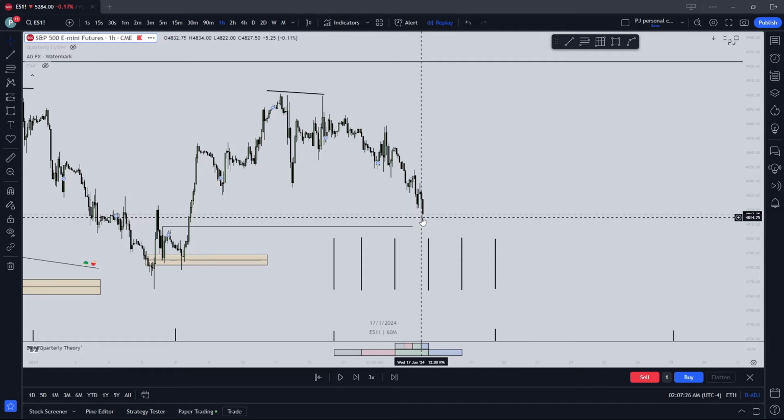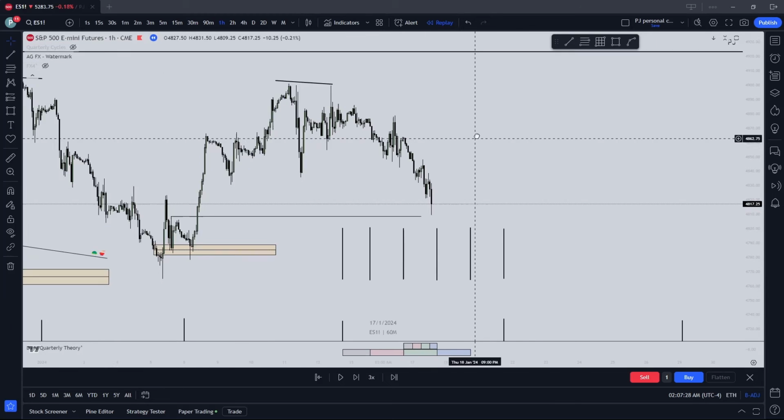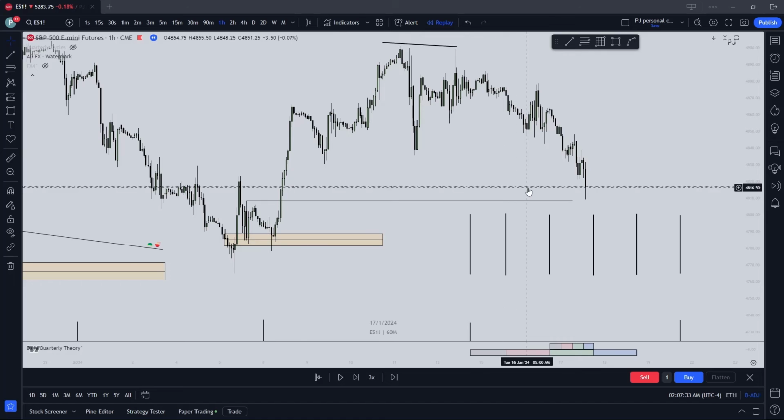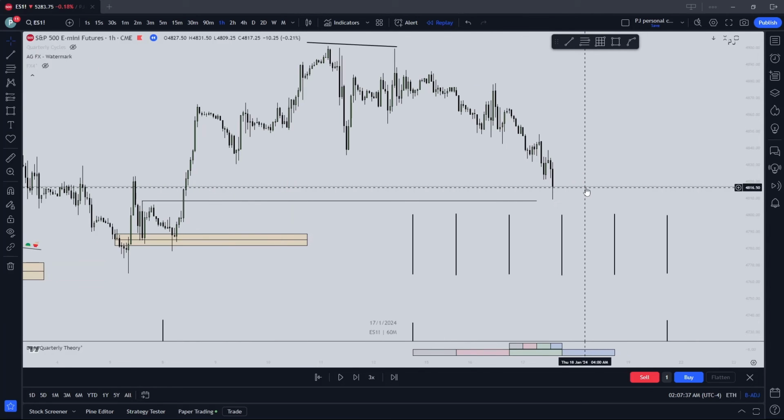Okay. So with us getting in at the close of, say, a 15 or 5 minute rejection block, we want to get in within the wick, right? We position ourselves within this wick.